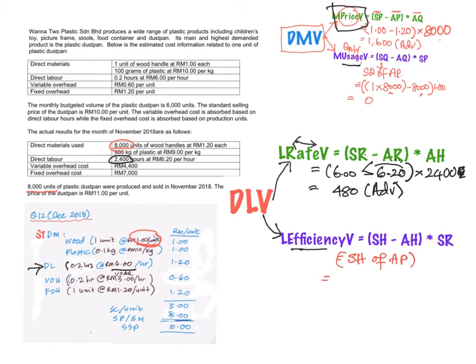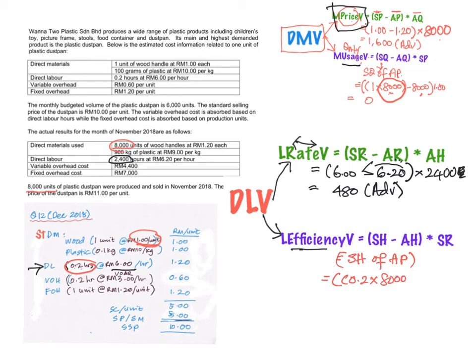You go back to your standard cost card, and you are going to see that we have 0.2 hours per unit of plastic dustpan that you need. So you just take 0.2 hours and times it with the actual units produced. In this case, we have already calculated the actual units produced just now to be 8,000.